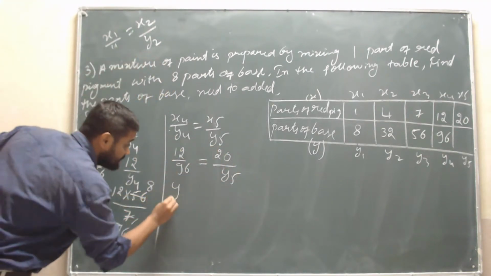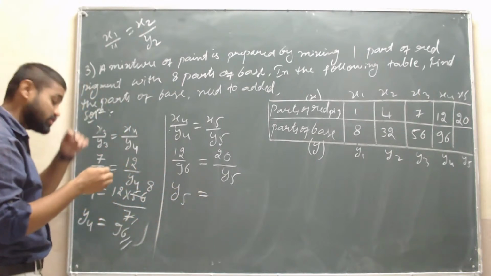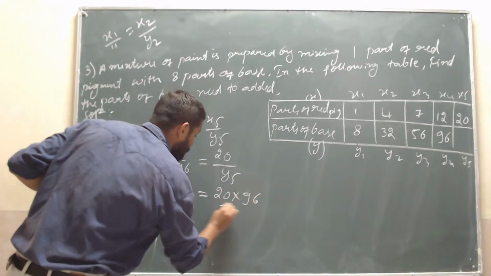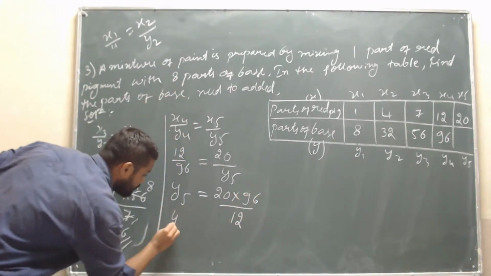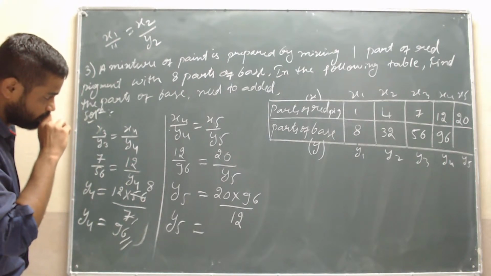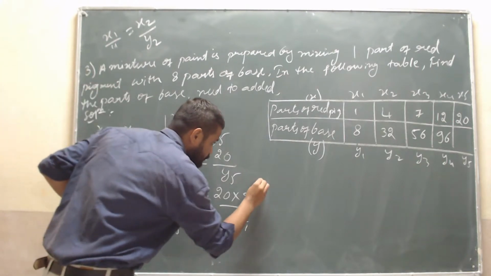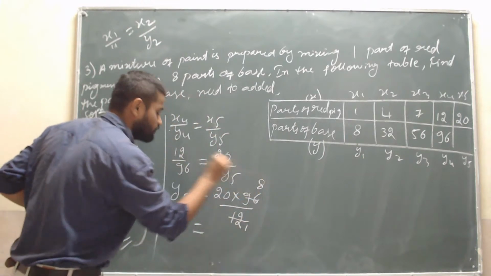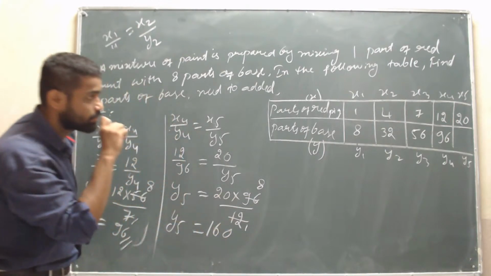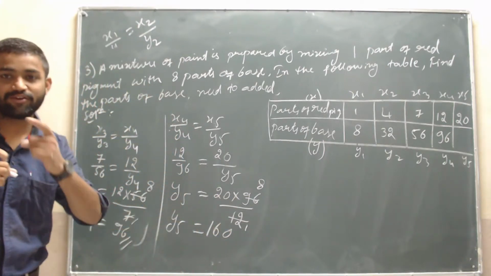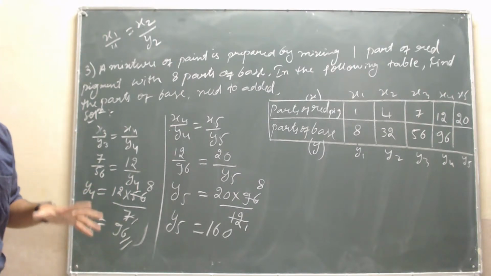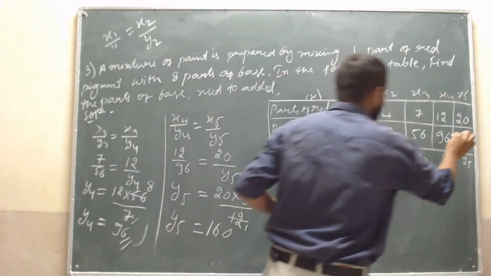Then directly Y5 is equal to, by taking the cross multiplication, 20 into 96 divided by 12, and Y5 is equal to... yeah, very good, Vaishnavi. That is Y5 is equal to 160. Bharat and Vaishnavi, very good.